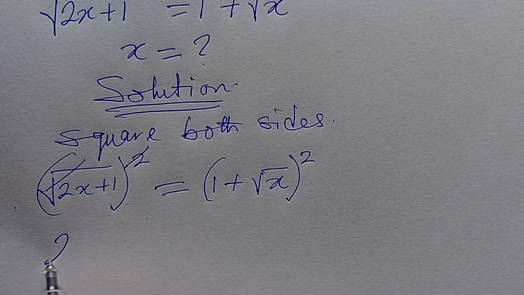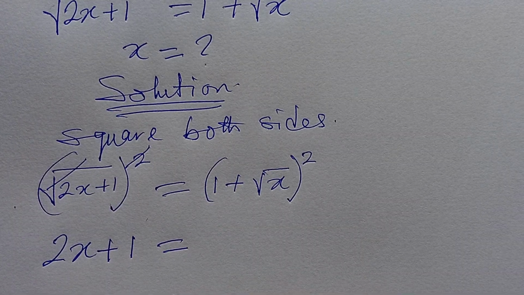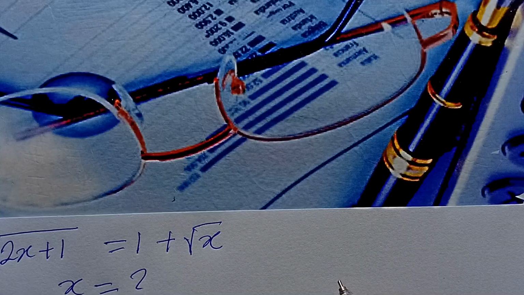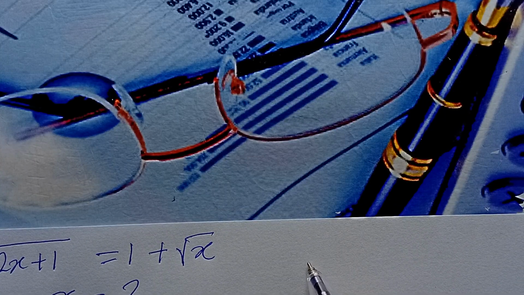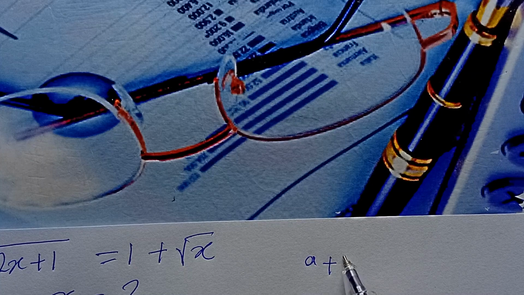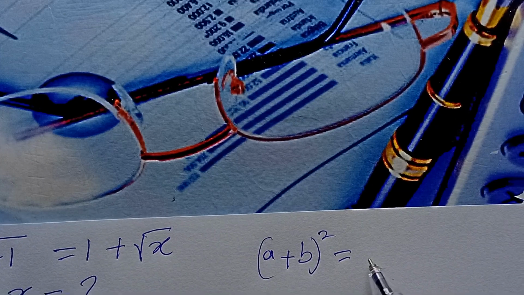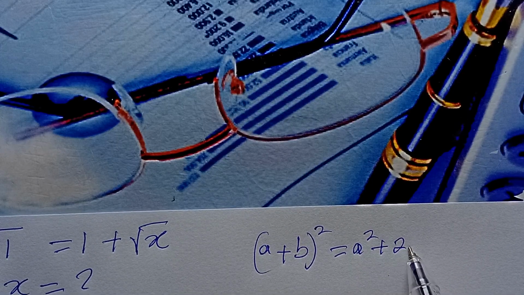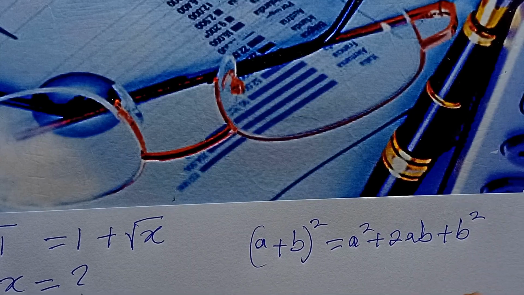So we're going to have our 2x plus 1 equal to, here we're going to apply a simple algebraic rule or law, which says that (a plus b) squared will give us a squared plus 2ab plus b squared.